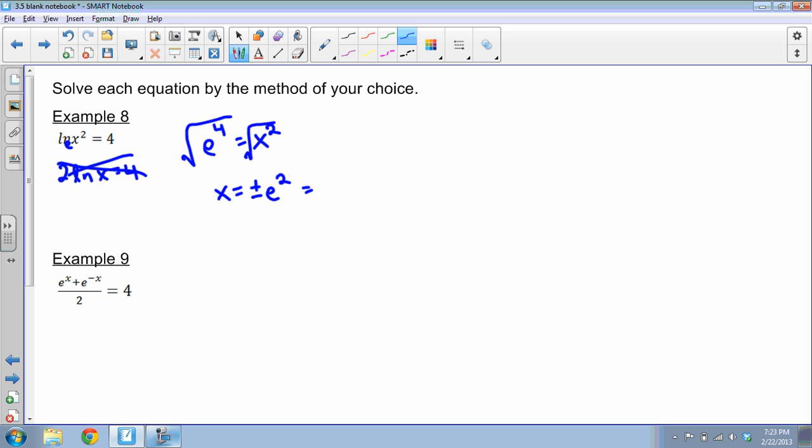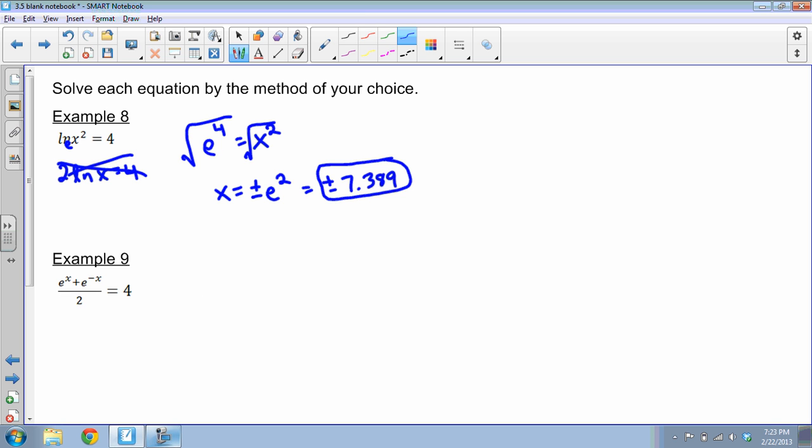Sounds like a good idea. Second ln squared, 7.389. So x is positive or negative 7.389. And in this section it also says solve it by your method of choice and then check it with a different method. So in this particular case, I would check it by graphing it personally.